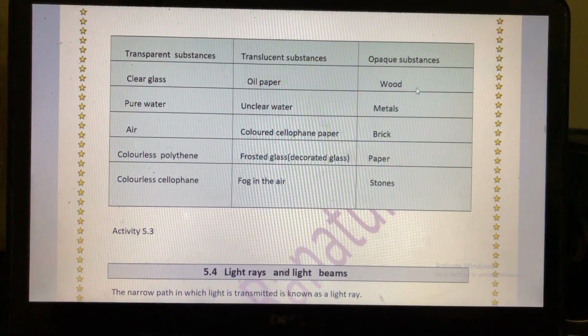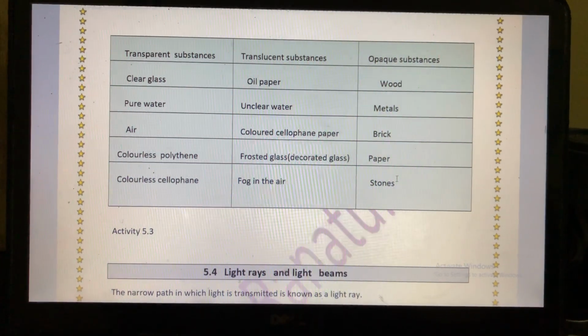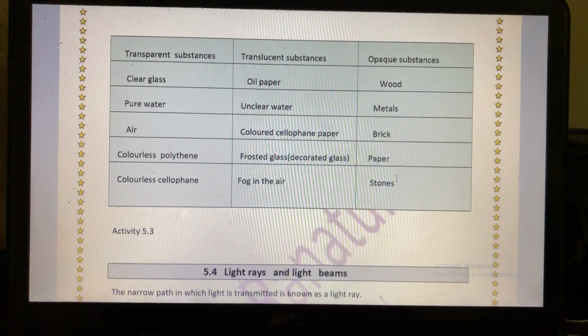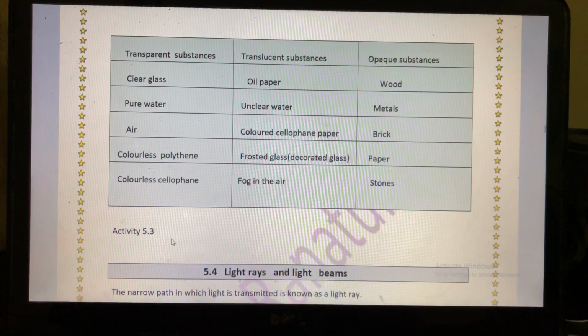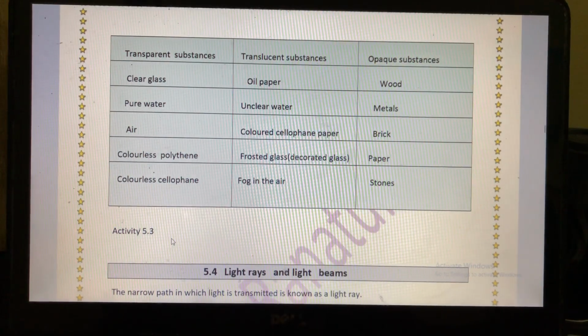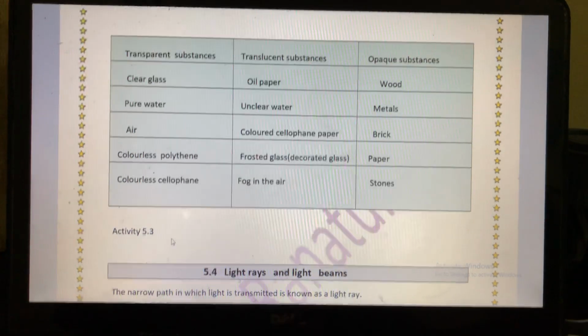Opaque substances: wood, metals, brick, paper, stones. You can add some more examples for these. And then you can do activity 5.3, which is given in your textbook.